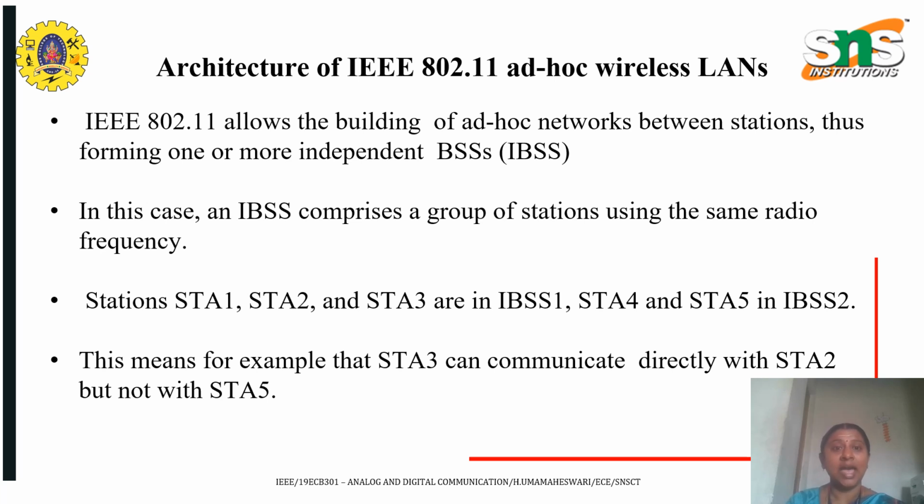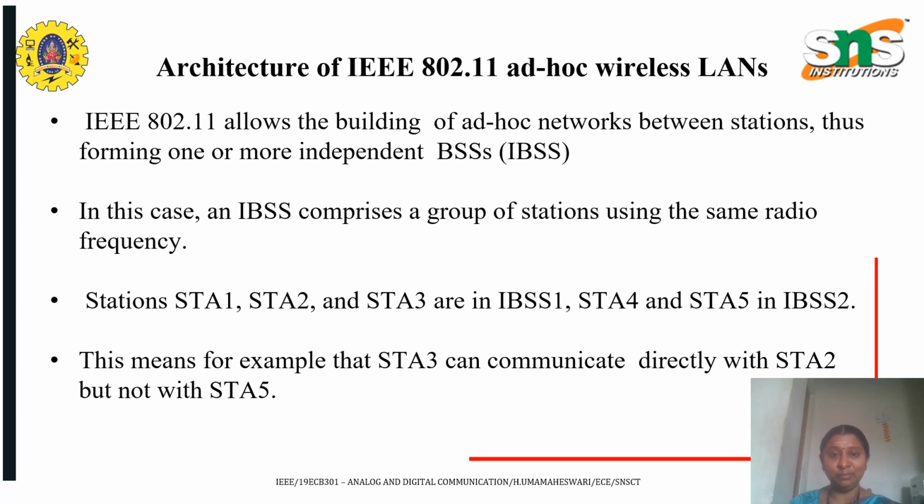In this case, an IBSS comprises a group of stations using the same radio frequency. Stations 1, 2 and 3 are in basic service set 1, and stations 4 and 5 are in basic service set 2.